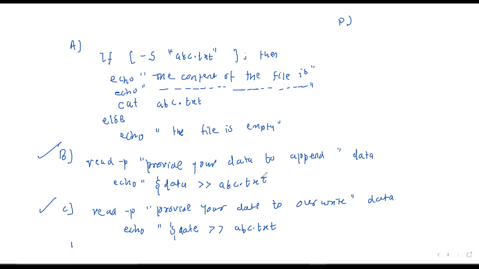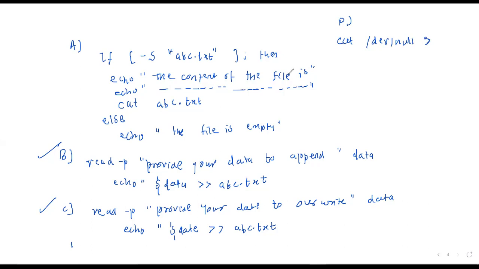So that's why we use read. Here also we use read. But for D, you want to delete the data. So directly we use the cat command. We use cat /dev/null. This is the null file, and we override.